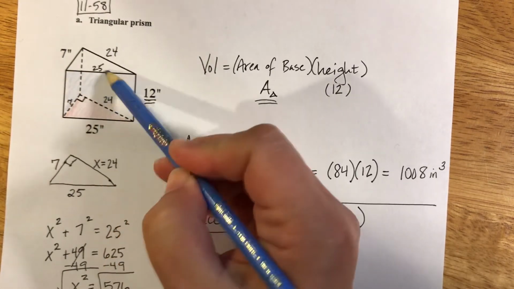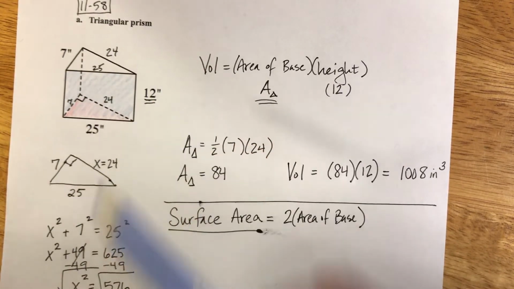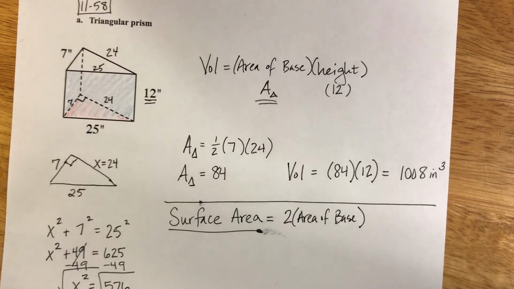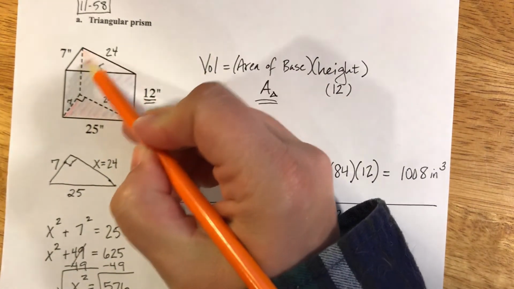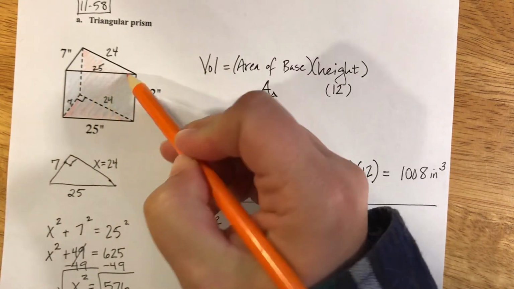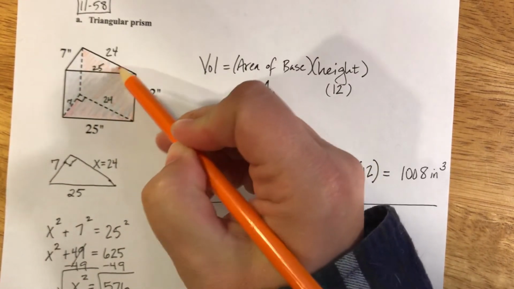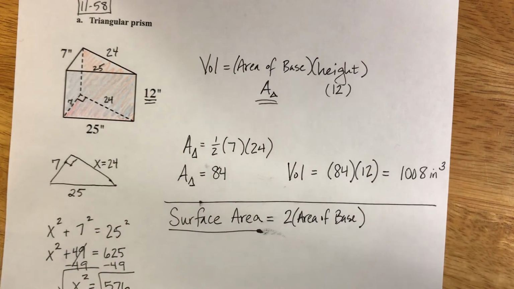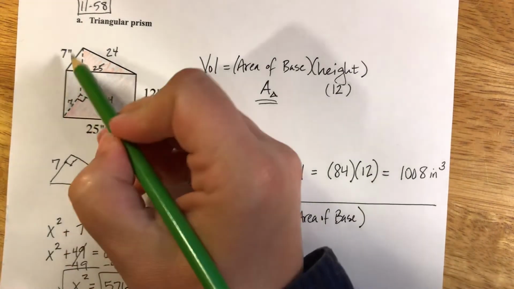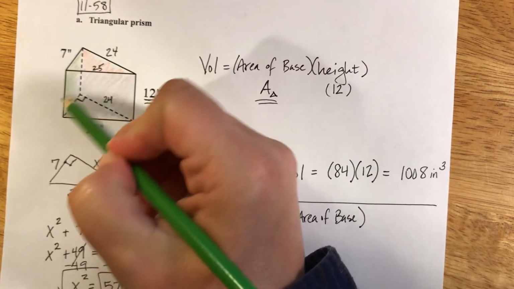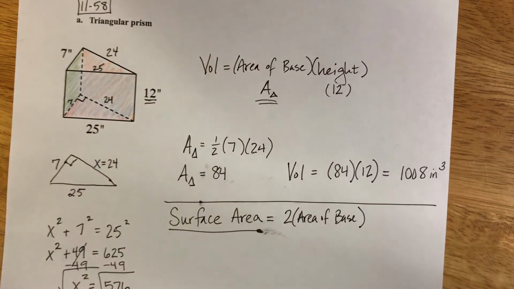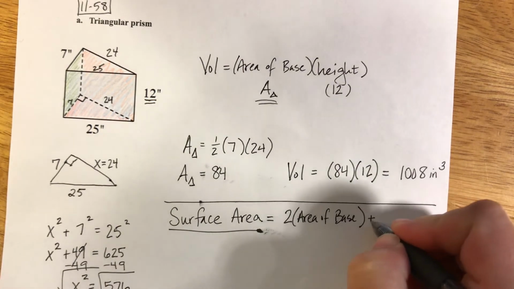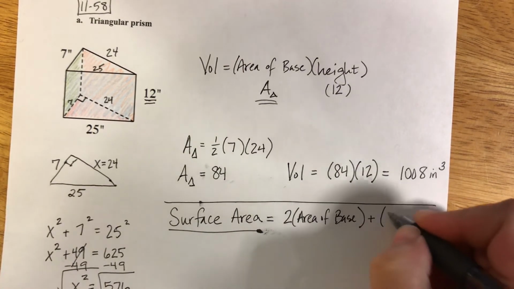So one of them is this front, where it's 25 times 12. Another one is this rectangle here, where it's 24 times 12. And the third one is this rectangle here, where it is 7 times 12. So I'm going to be adding all 3 of those together to get the other part of my surface area.